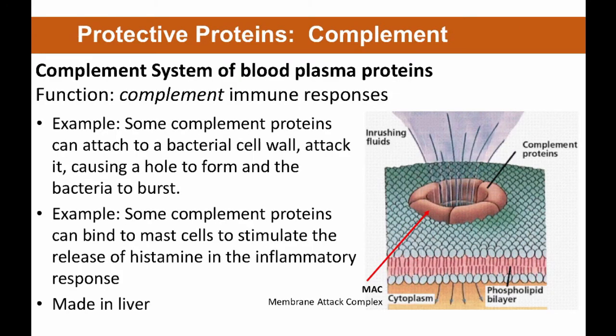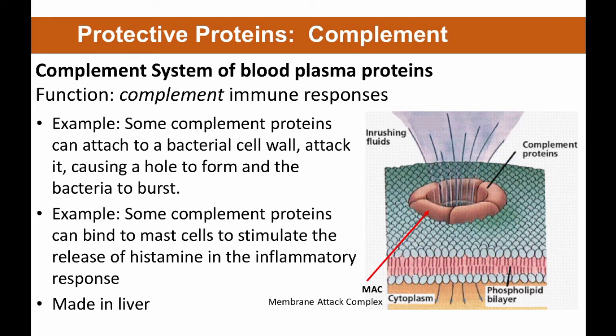Complement is called complement because those proteins complement the function of the immune system. They're actually made in the liver and then pushed out into the blood. And there are a wide variety of different mechanisms by which they help the immune system.